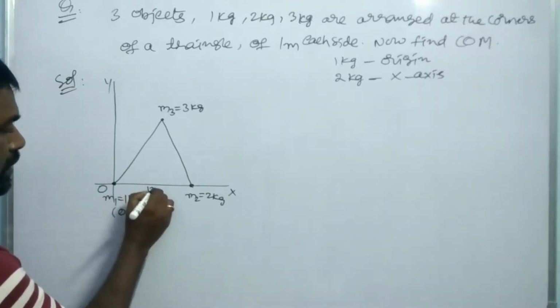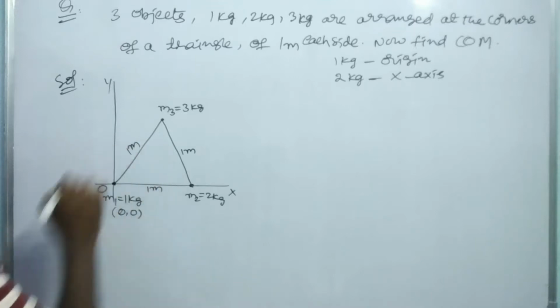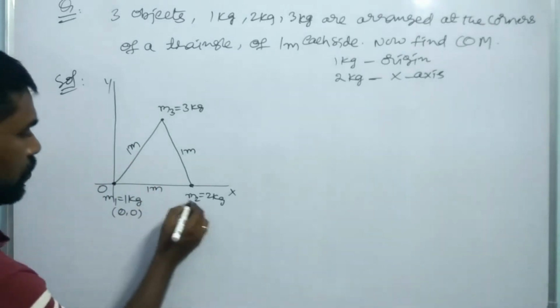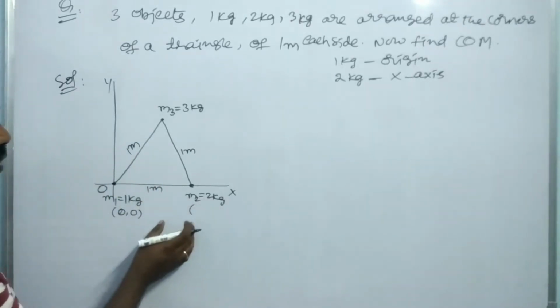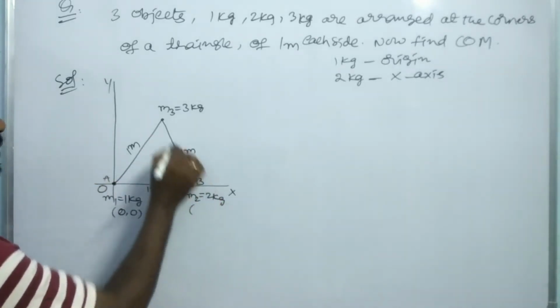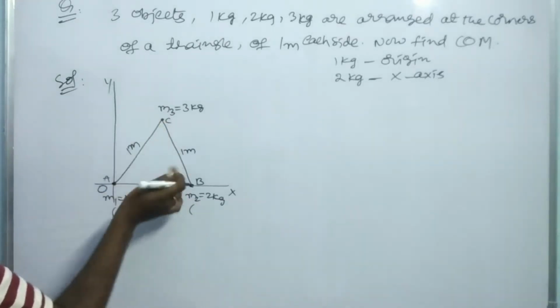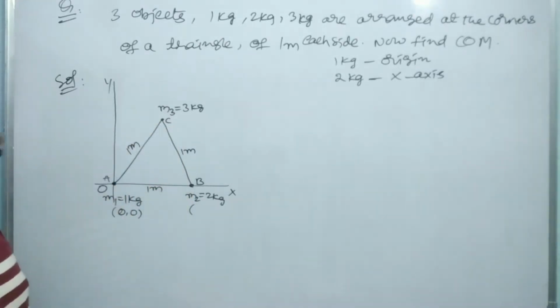The length of each side is 1 meter. Let the triangle be ABC: AB is 1 meter, AC is 1 meter, and BC is also 1 meter.